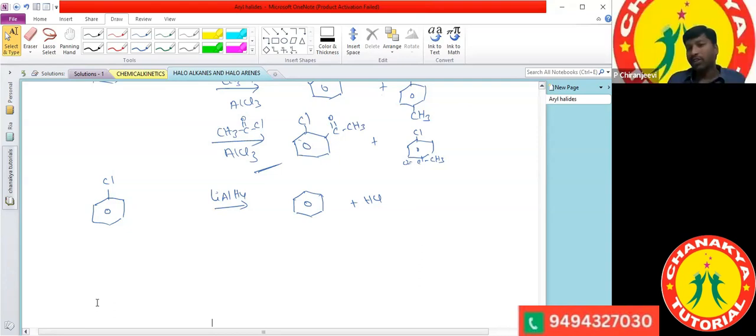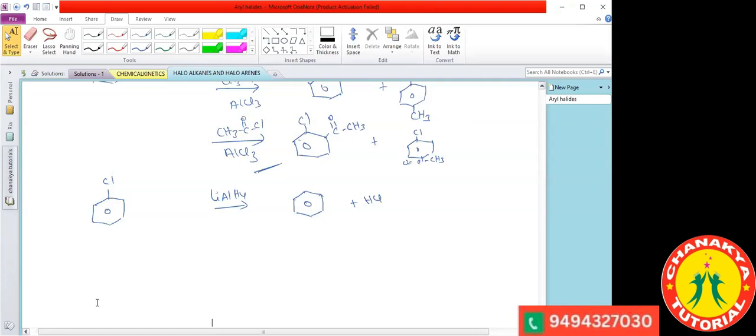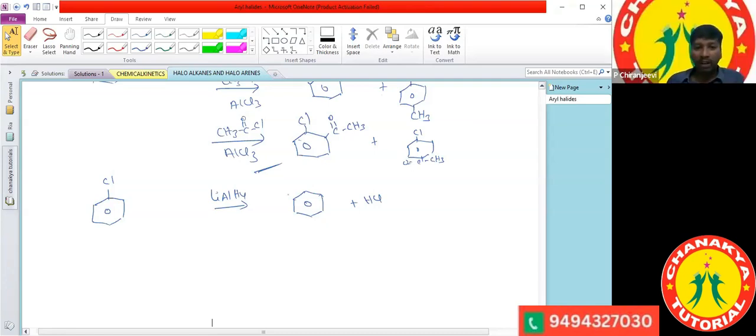Very good. Two moles of alkyl halides react with sodium metal to form symmetrical alkanes. The reaction is carried out in the presence of dry ether. Clear?